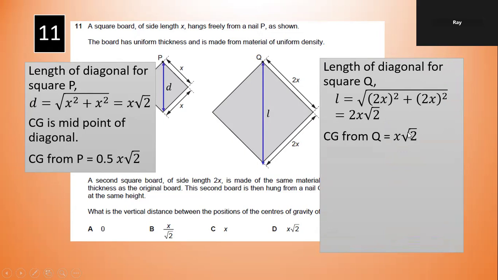Half of this one is that one there. Then we take the difference. The CG is here, the CG is here. Take the difference between the two of them. x root 2, 0.5, and x root 2. That's your that.